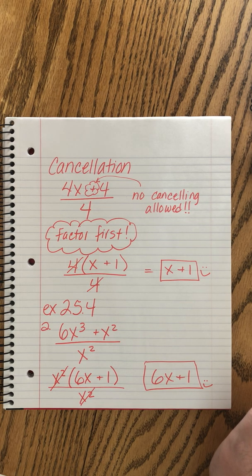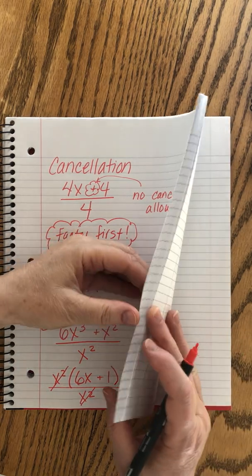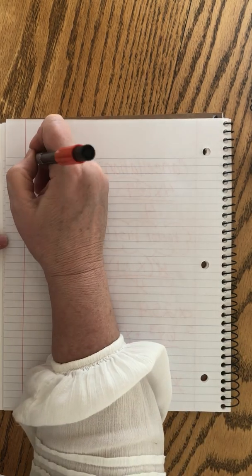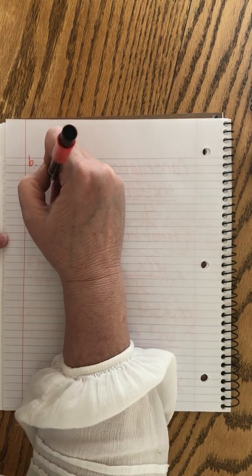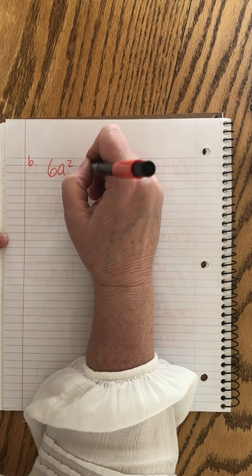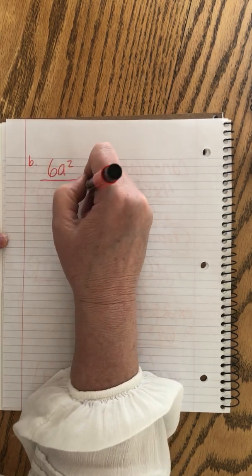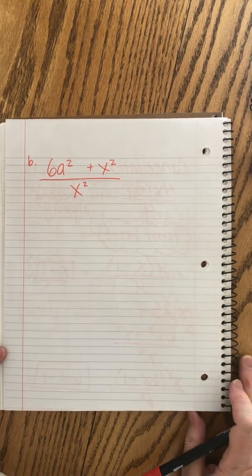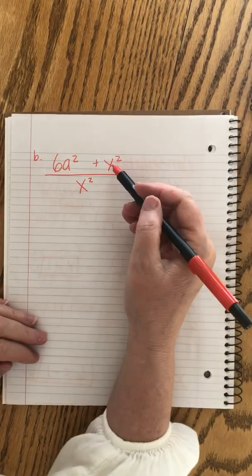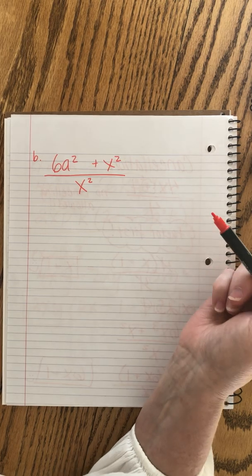All right. The second one is the real heartbreaker. B. Don't you just want so badly to be able to cancel those 2x squareds?